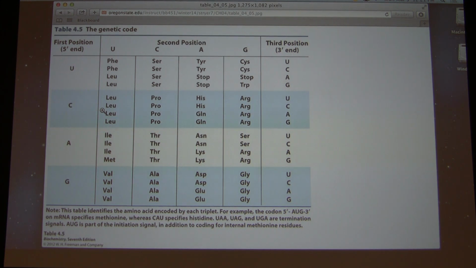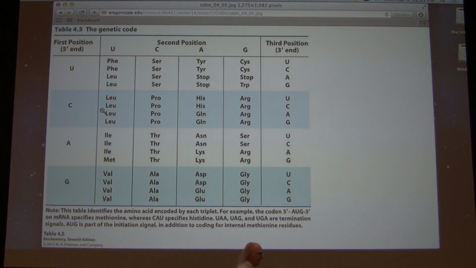There's also a codon that's called the start codon. And the start codon is AUG. That corresponds to methionine. Methionine is always, or almost always, the first amino acid put into a protein. All right? First amino acid.